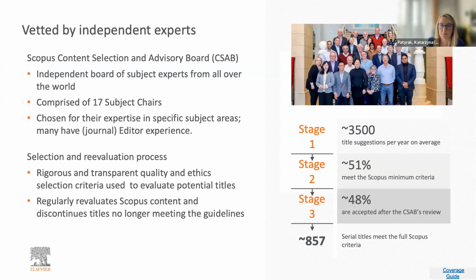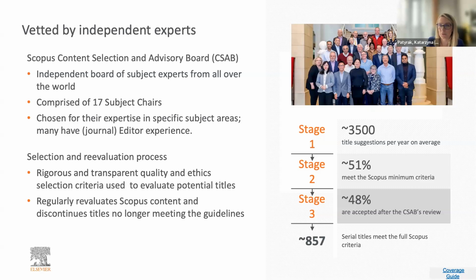Such situations can be marked or flagged by the users of Scopus, but additionally, we are using specific tools like Radar to get information that some journals are changing their behavior, and that might be information for us that the journal is not following the rules for the Scopus indexed journals. So if the journal doesn't meet the guidelines, then the title is discontinued.